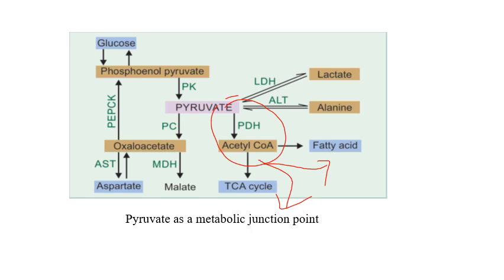Or pyruvate during anaerobic condition: what will happen? It is reduced to lactic acid or lactate by the lactate dehydrogenase enzyme. Pyruvate can also undergo transamination by alanine transaminase to form alanine. So this is a non-essential amino acid synthesized using the carbon skeleton.